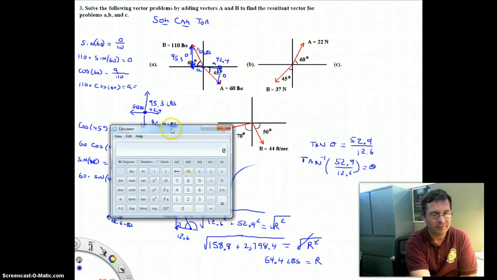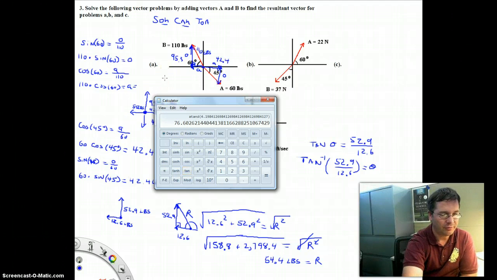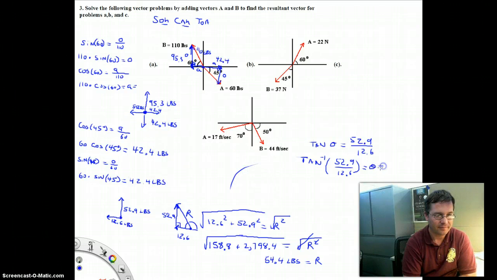So let's figure that out. 52.9 divided by 12.6. Okay, so the ratio of opposite to adjacent is a little over 4. Now we're going to use the inverse key, arctangent, and we find that angle theta is approximately equal to 76.6 degrees.